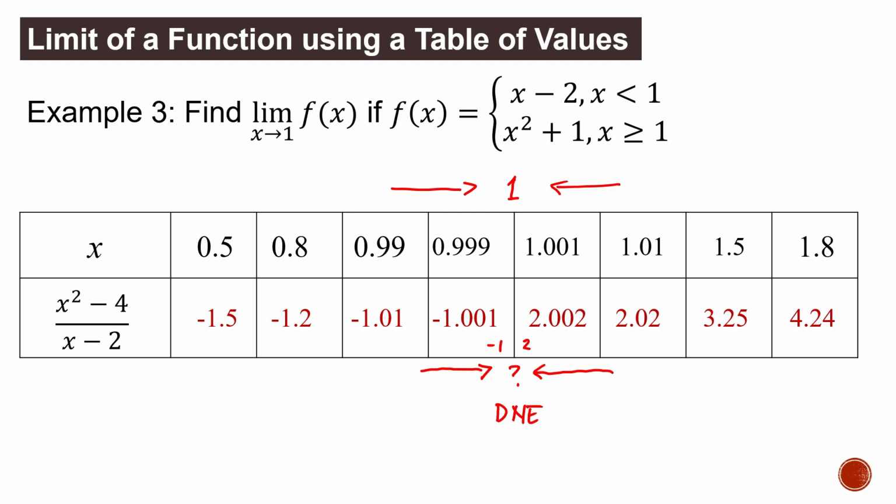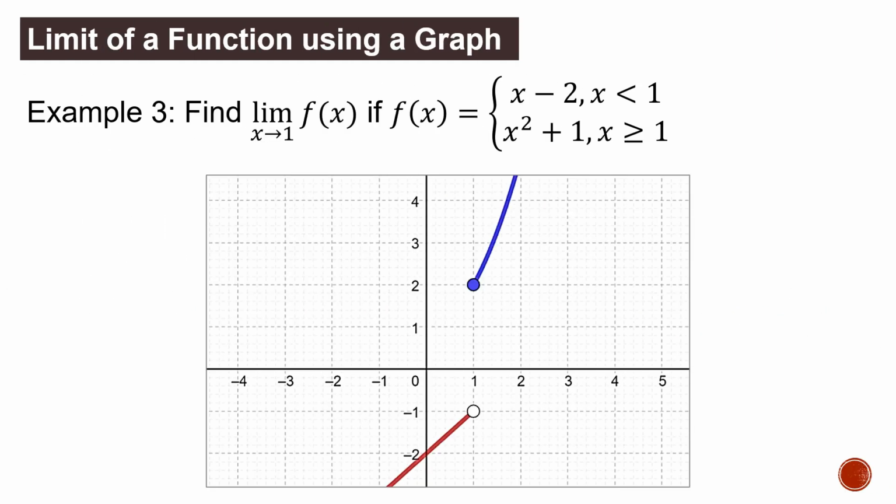DNE, does not exist. Okay, so let's see the graphical representation of this piecewise function. Here we go. That's obvious right here. Look at that. The red one here is the x minus 2. For 1, it's not defined because 1 is not less than 1, by the way. If we put 1, that would be negative 1, but it's not going to be defined there.